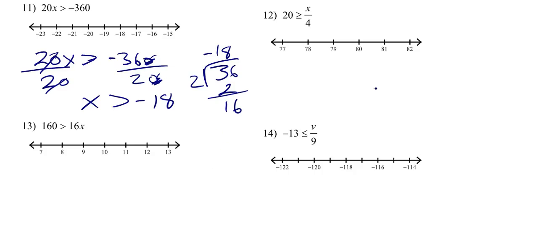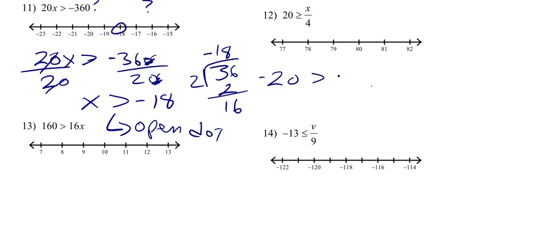So let's figure this out. It's going to be an open dot. Open dot. Found my 18. So which side am I going to shade? Well, let's try some numbers to make that true. Is negative 20 bigger? So you've got a negative 20. But that's not larger than negative 18, so I'm not going to shade that side.